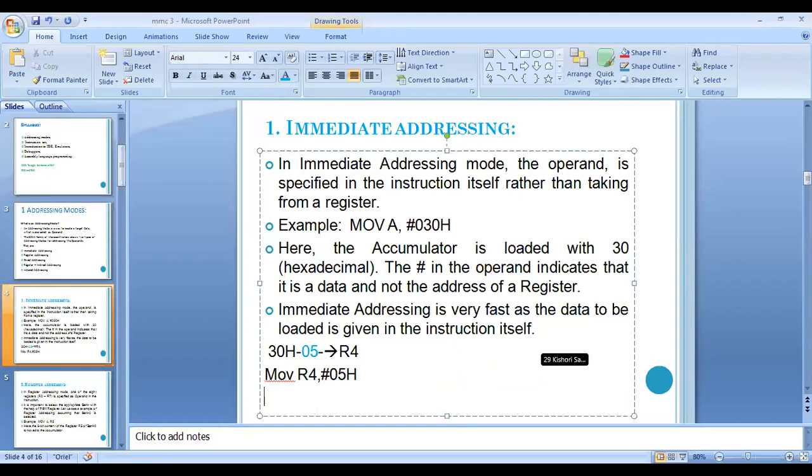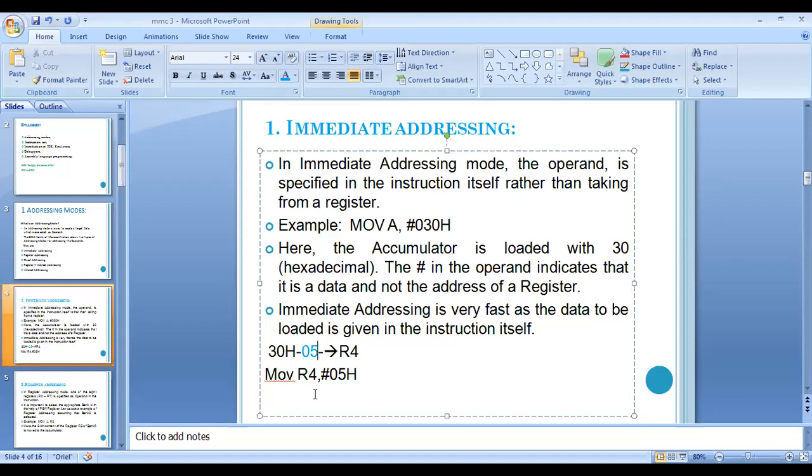Okay. Now see here, this is the immediate addressing mode. Now I will tell you the same example and perform it with the register addressing mode. इथं मी तुम्हाला काय सांगते की perform the same operation, that is assigning the value of 05 to R4 by using the register addressing mode. What I come to know about the register addressing mode is that I have to mention the register name in the instruction, not the data.